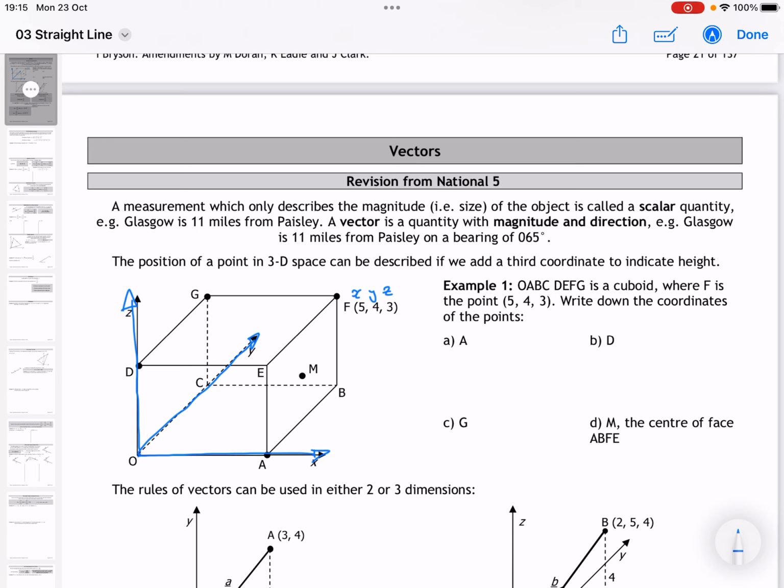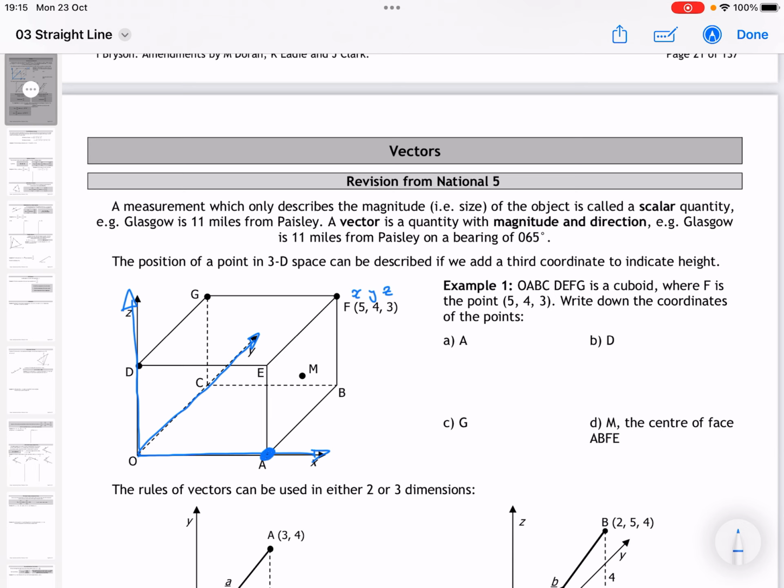So example 1, a cuboid or a shape is always named by all the letters of the vertices. So OABCDEFG is a cuboid where F is the point 5, 4, 3. Write down the coordinates of A. Now, A is down here on the x-axis. Okay?